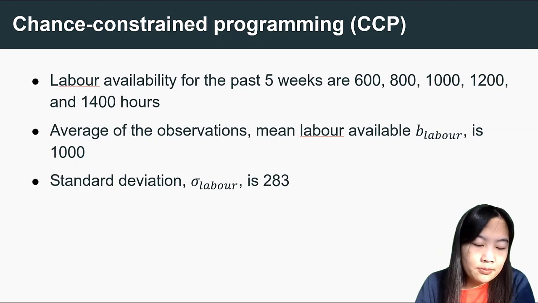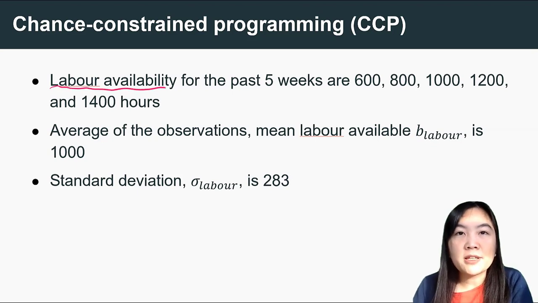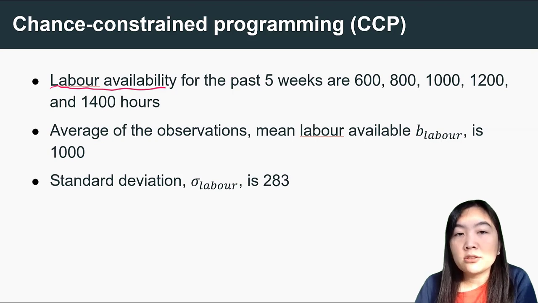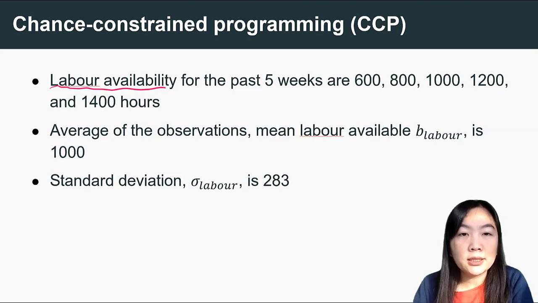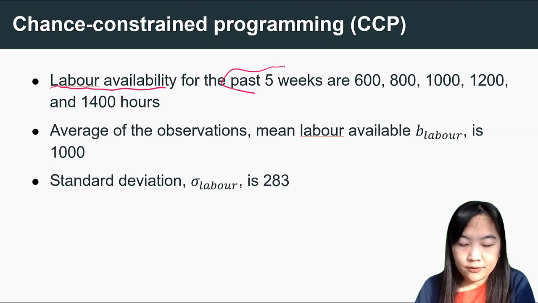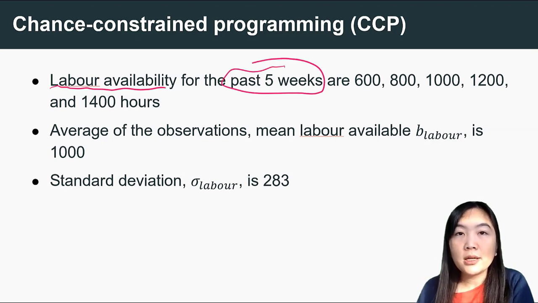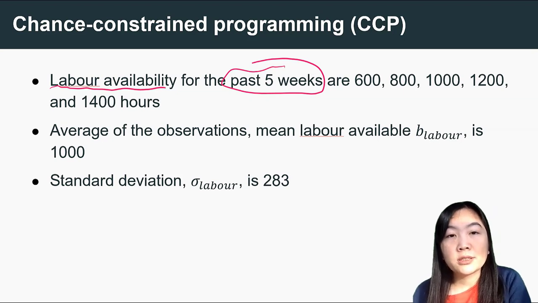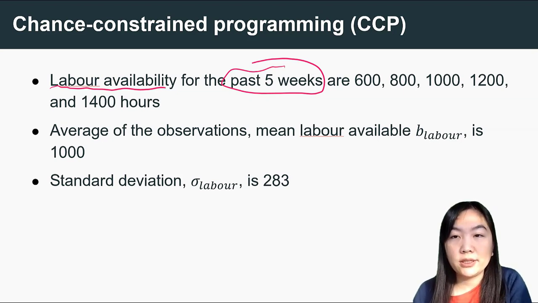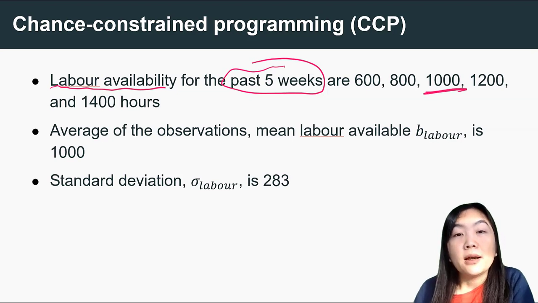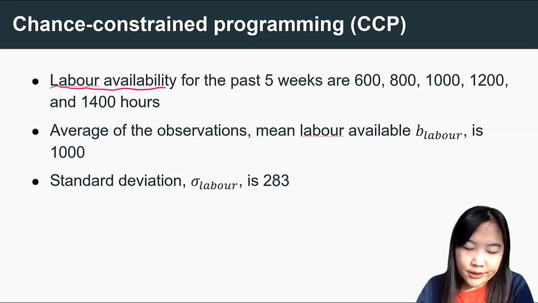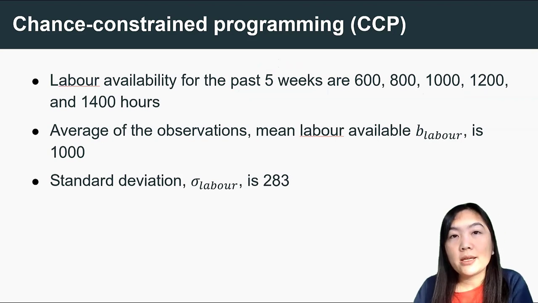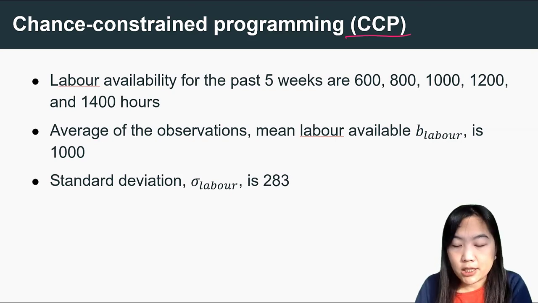From past experience or past observation, the farmer or the producer finds that the labor availability for the past 5 weeks was 600, 800, 1,000, 1,200 and 1,400 hours. So it's not for sure 1,000. And if there's uncertainty here, then we can take this into account in the decision making, and we need to use this CCP method here.